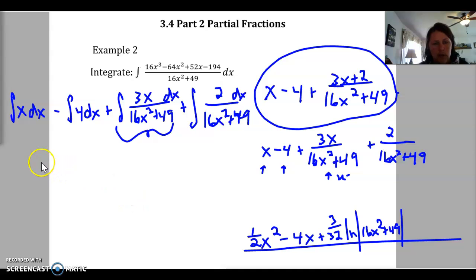So I'm going to pull out that last integral right there. Let's pull the 2 out in front.